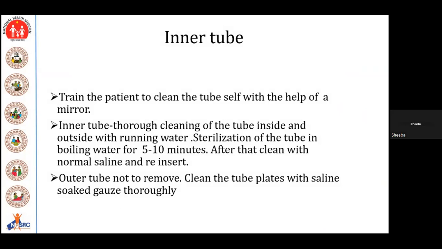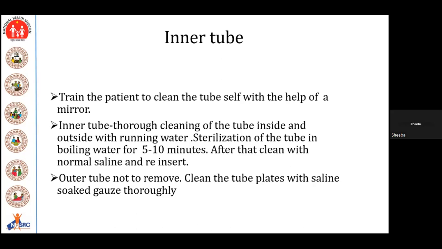As I discussed earlier, you have to train the patient to clean the inner tube. If they are using a metal tube, they have to take the inner tube out of the outer tube, clean it under running water and boil it, and after that replace it.